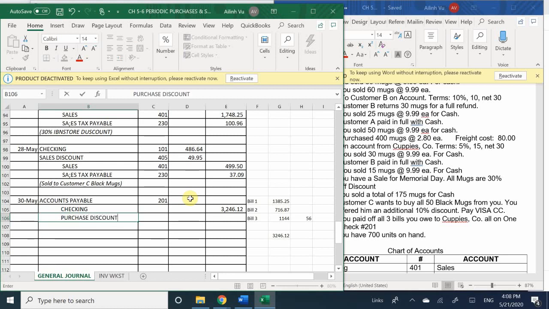And purchase discount is what? What kind of account is purchase discount? It's a contra account, and it's a contra account to purchases.